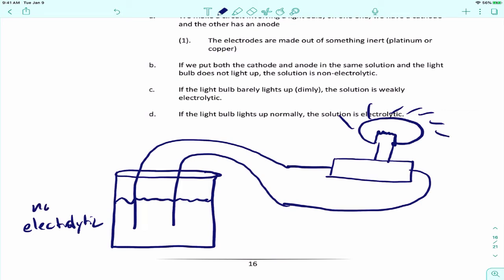If it's not electrolytic, that light bulb doesn't light up. Sometimes the light bulb might burn just barely. You can see the filament glow, but it's not lighting up like it normally should. In that sense, we say that we've got a weak electrolyte.